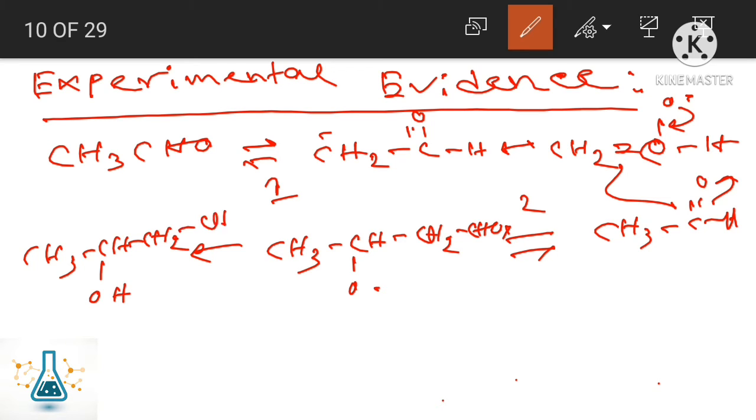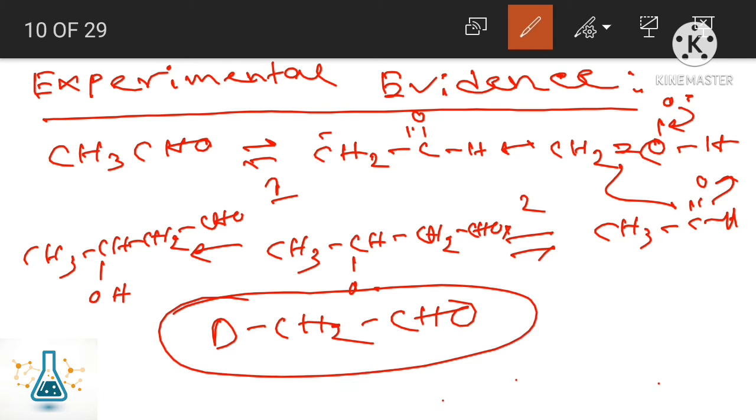CH2 CHO, like this. So carrying out a reaction with D2O fails to result in the incorporation of any deuterium to the CH3 group of aldehyde. I mean, if we do this reaction in D2O medium, we cannot get this type of compound D CH2 CHO. That means the first step is reversible.